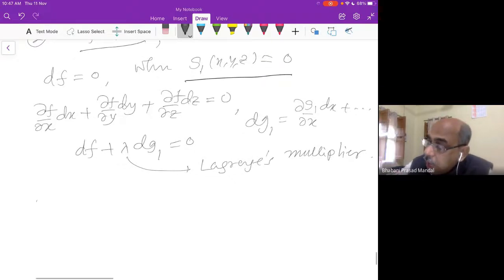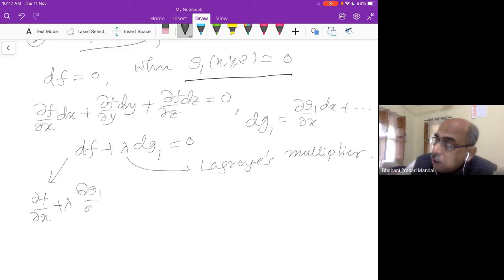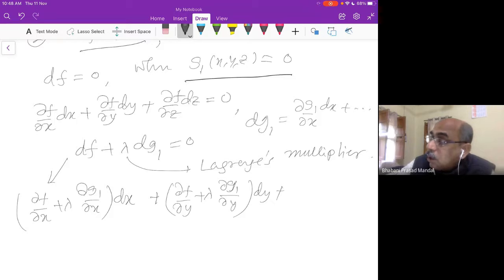So what you will have is (del f/del x plus lambda del g1/del x) times dx plus (del f/del y plus lambda del g1/del y) dy plus (del f/del z plus lambda del g1/del z) dz equals 0.